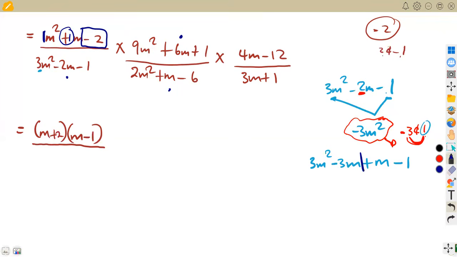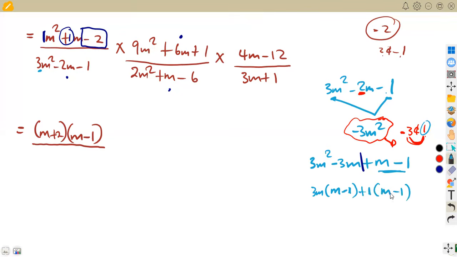All right, grouping into 2. What is common for the first 2 terms? 3m. We've got 3m squared and 3m, we've got m minus 3m, and this one we've got -1. So what can we factor out on the second one so that we remain with the same bracket of m minus 1? Already we are having m minus 1. So what are you going to factor out? A plus 1, so that it does not affect anything.